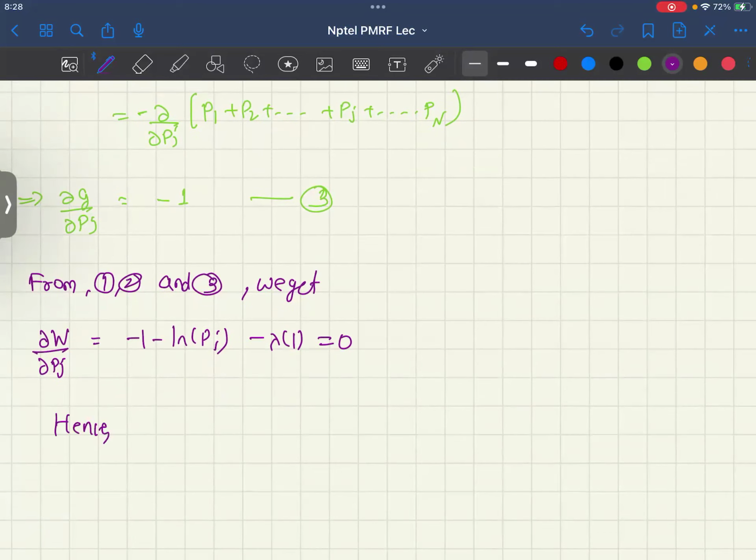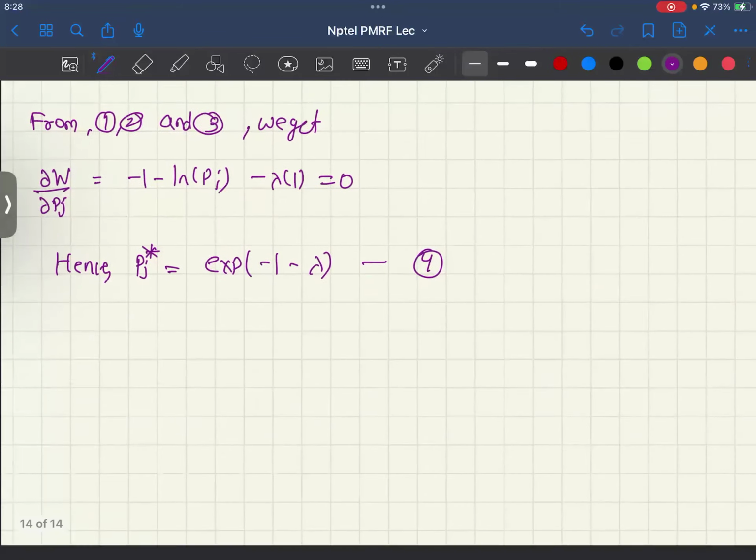Hence we can say pj star, which is the most probable distribution, is going to be exponential of minus 1 minus lambda. Let's call this expression 4.